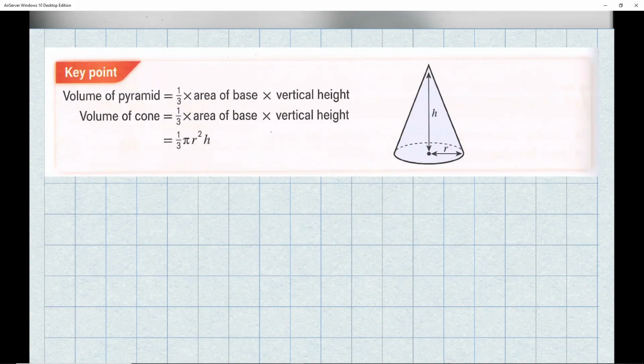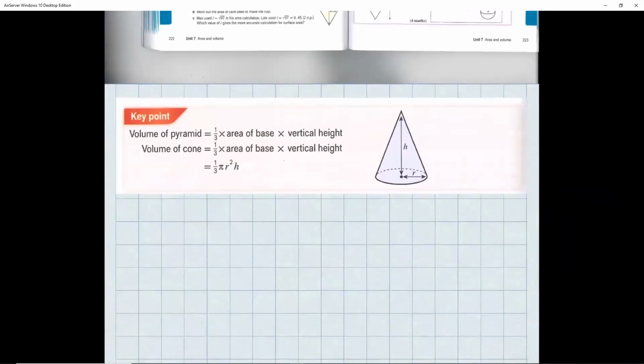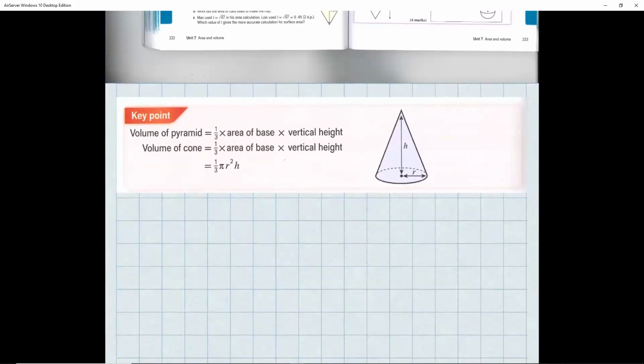When you finish, okay, Abdullah B, are we okay with that? Yeah. Lovely. So when they put equals 1/3 pi r squared h, is that for the volume of pyramid or volume of cone or both? See, the volume of a pyramid is 1/3 times by the area of the base times the vertical height. The volume of the cone is identical, just that the area of the base is different.